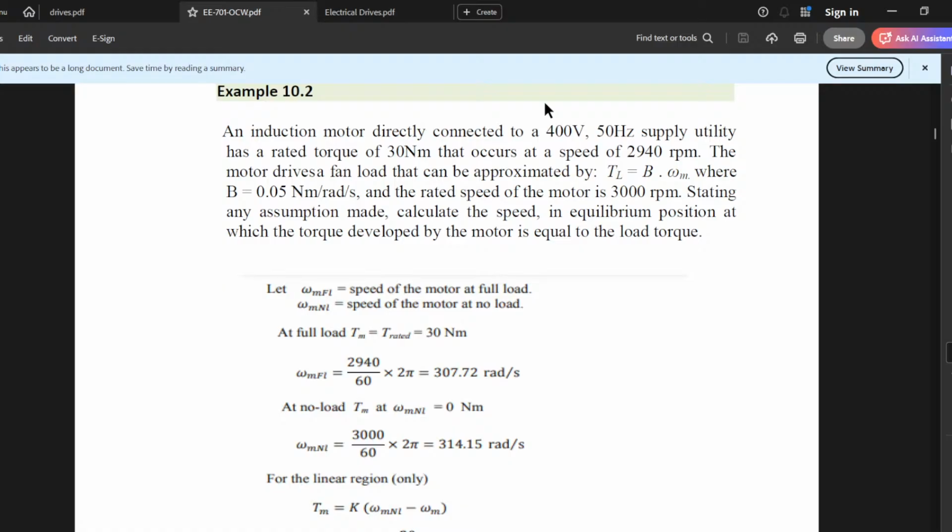And then at no load, omega becomes 3000 RPM, and in radians it is 314.15 radians per second.